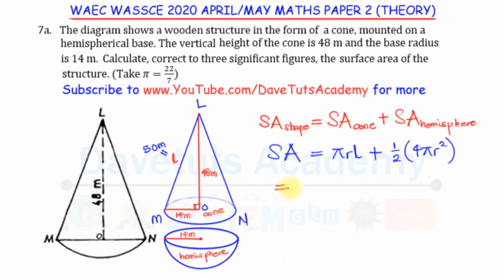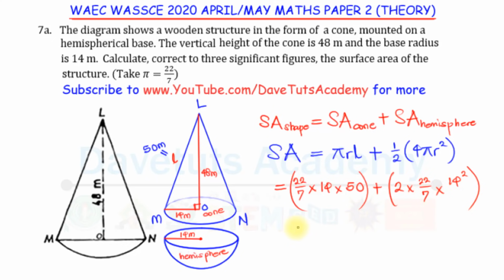I can put in the value of pi as 22 over 7 multiplied by R, that is 14, multiplied by L, that is 50, and that is the surface area of the cone, plus now half multiplied by 4 is 2, so I have 2 times pi, 22 over 7, times the radius, which is also 14, and we have it as 14 squared.